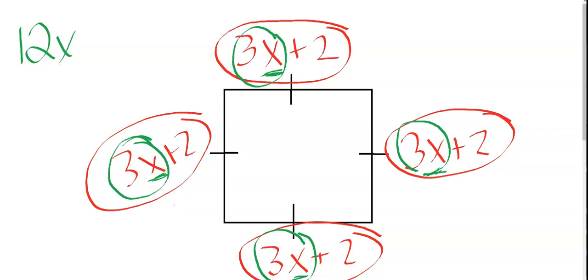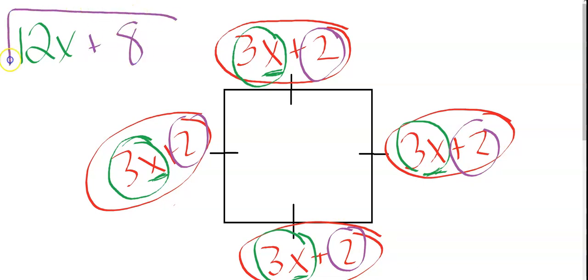Now, I cannot combine the 2's with the 3x's, or with anything that has an x, but I can add all of the 2's. So the expression that represents the perimeter of this box would be 12x plus 8. And don't try to add that and get another number out of it. That's as far as I can go. Those are not like terms. But that's an expression that would represent that specific perimeter.